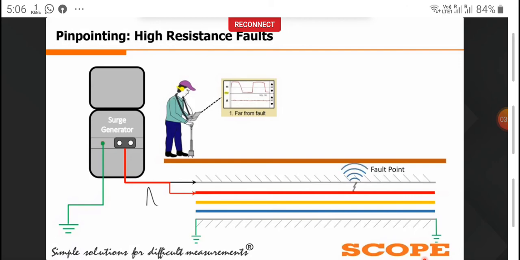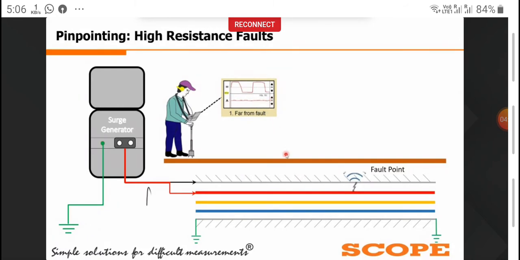We also detect the acoustic signal using a sensor, called a ground microphone. In the pinpointing process, using the ground microphone, we detect the magnetic signals and also the acoustic signals. Whenever we are far from the fault, we get the magnetic signals on the cable, but the acoustic signals are minimal and can be neglected.